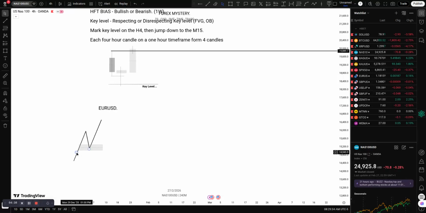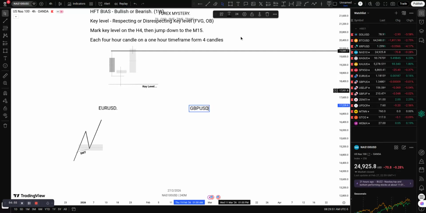Sorry about that. SMT. And for GU, which is GBP/USD, it will be the same thing.